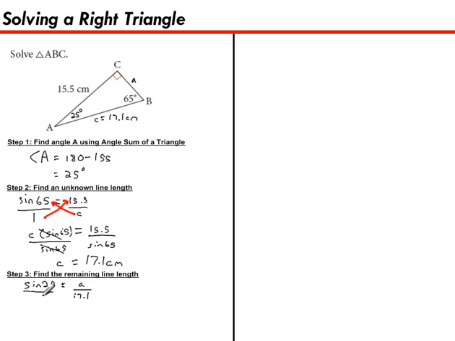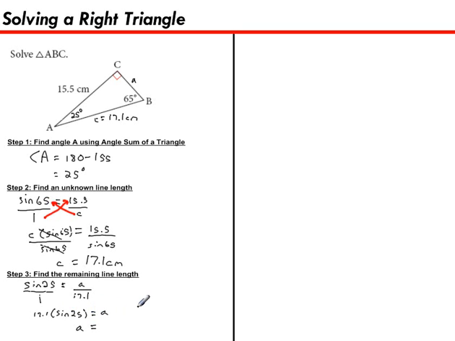So I'll put that 1 underneath, and we'll have 17.1 times sine 25 is equal to 1 times a. 17.1 times sine 25 is just equal to 1 times a. I'll just say a. And finally, I'll just say a equals, just flip that around.